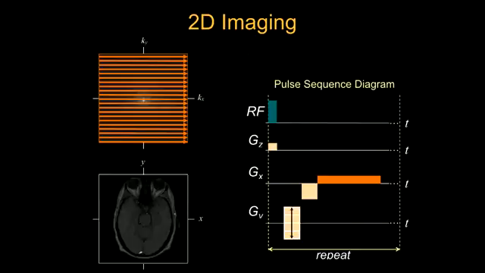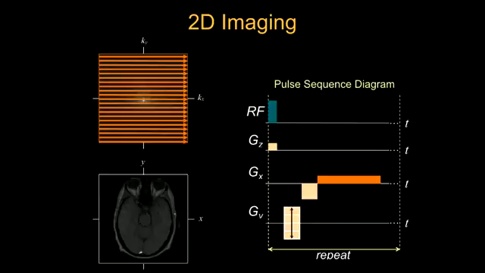If you apply this gradient using a kx definition, that means you go from here to negative, and then going positive, positive, positive, and at the end you're ending here. And then if you want to get another line, that means you change your y gradient, which is so-called phase encoding.